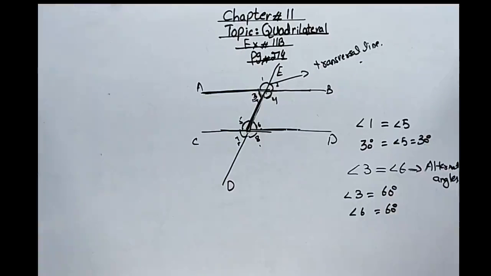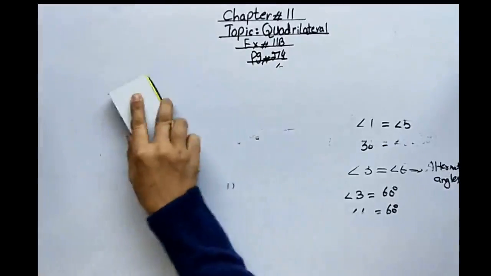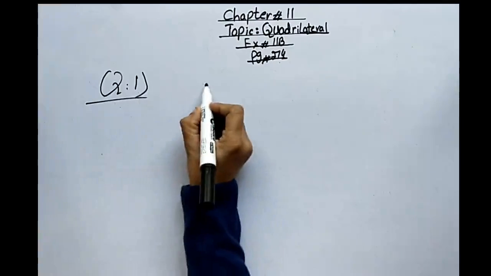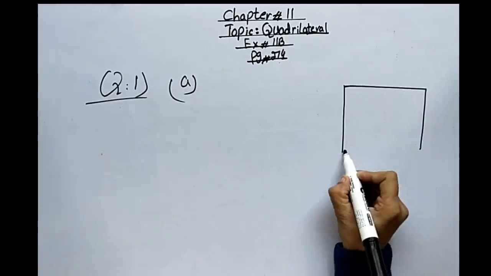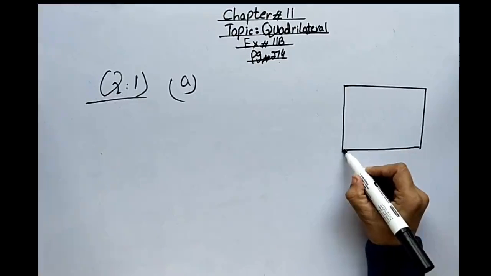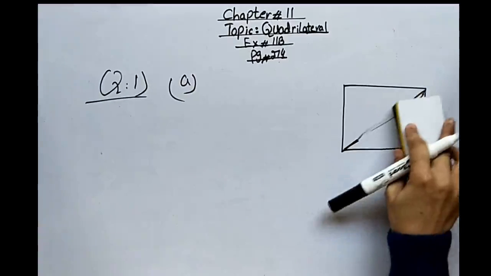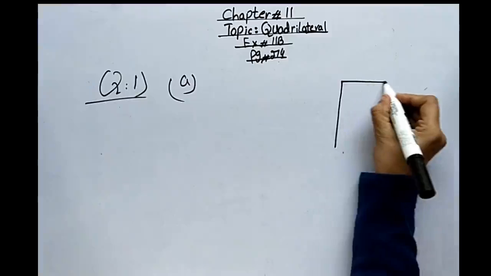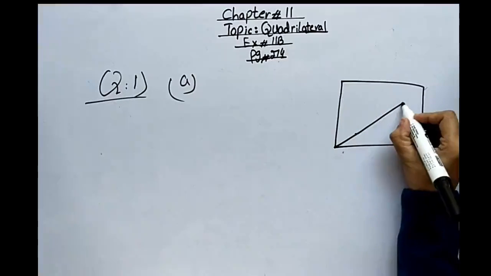Okay. Now, after this discussion, come to question number 1, part A. The given shape is a rectangle and this rectangle has one diagonal.